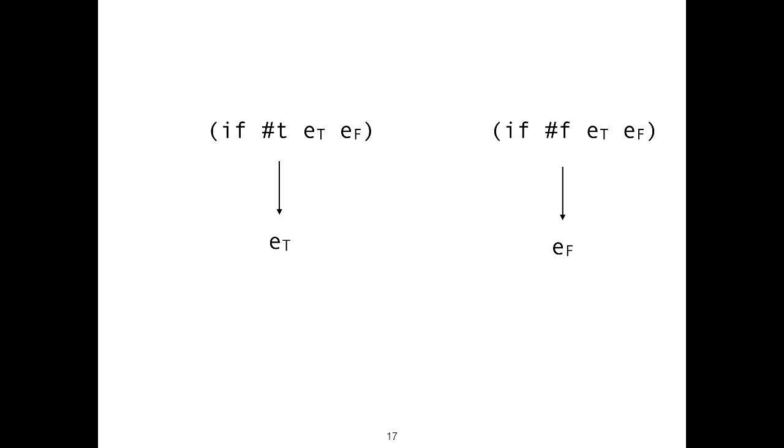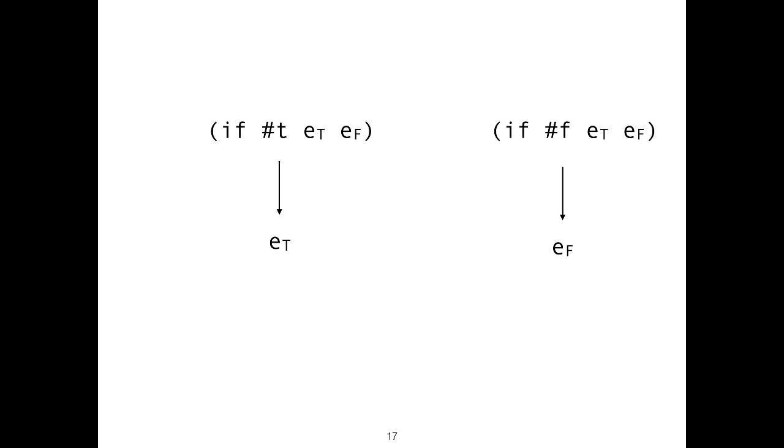And the trick is to realize that if we put true in the guard condition of an if, then it had better produce the true branch of the if. And if we put false in the guard position of the if, well, then we had better produce the value of the false branch.